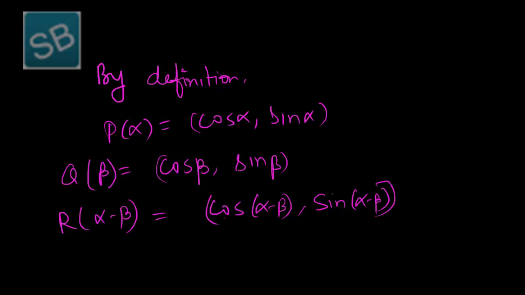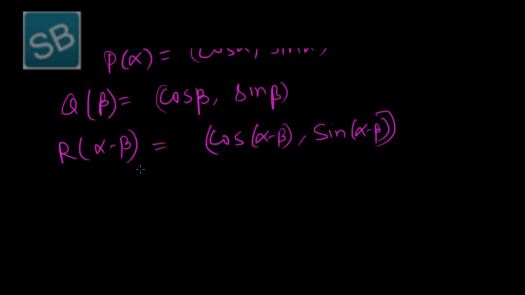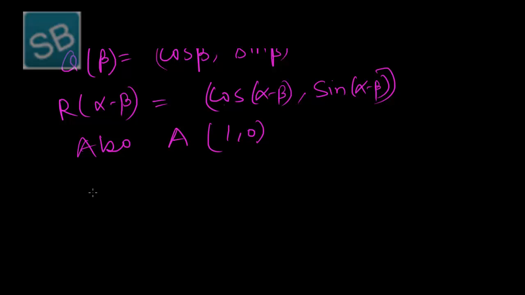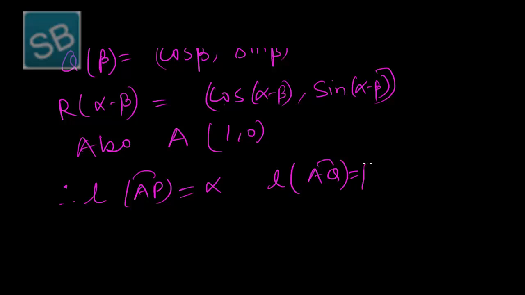Also, the coordinates of A are 1, 0, and the length of arc AP is alpha, length of arc AQ is beta, and length of arc AR is alpha minus beta.